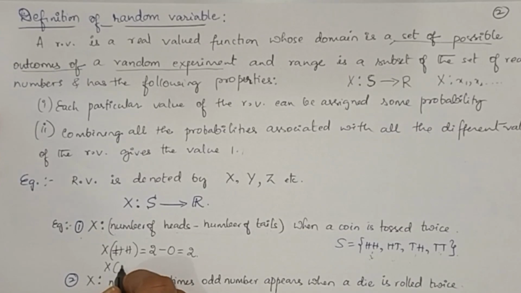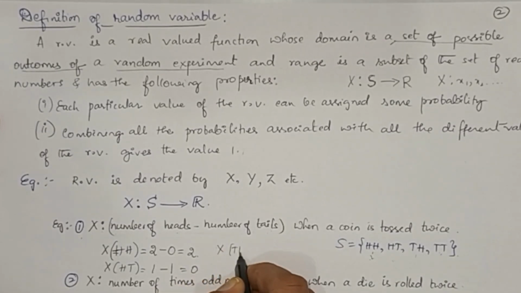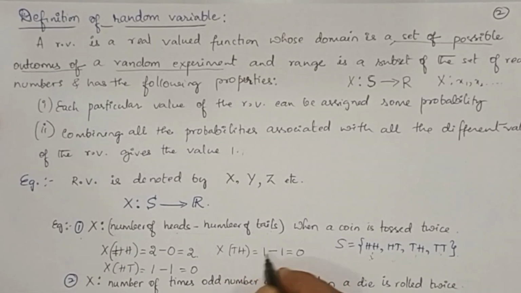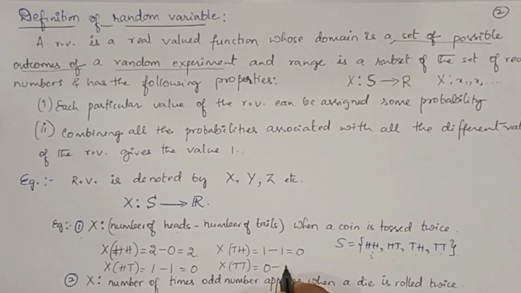Then similarly X of HT, number of heads 1, number of tails also 1. So 1 minus 1, 0. X of TH is equal to number of heads 1 minus number of tails 1, which is equal to 0. X of TT, number of heads 0 minus number of tails 2, that is equal to minus 2.